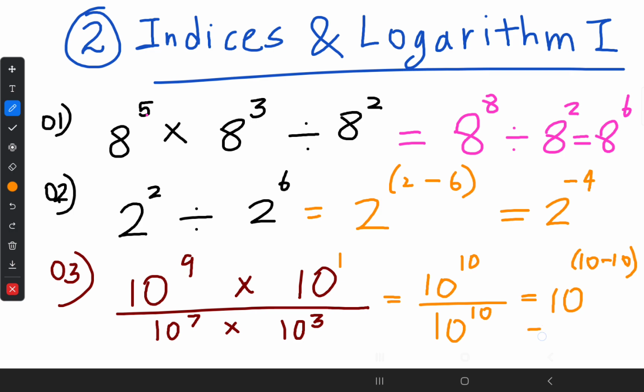So that will give you 10 to the power of 0. That means for any number, except 0, for any natural value, if it has the power as 0, that will give you the value 1.